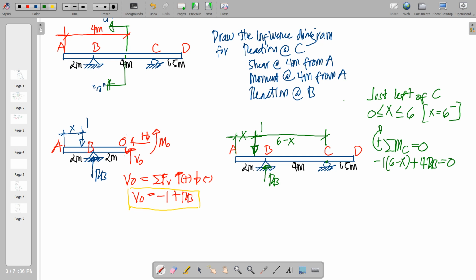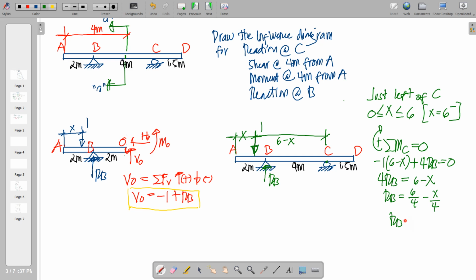So when we transfer this one to the other side, it will become positive. So 4 RB remains to be 4 RB, and then we have here 6 minus x, and then RB. Therefore, for just left of C, RB is equal to 6 all over 4 minus x all over 4.